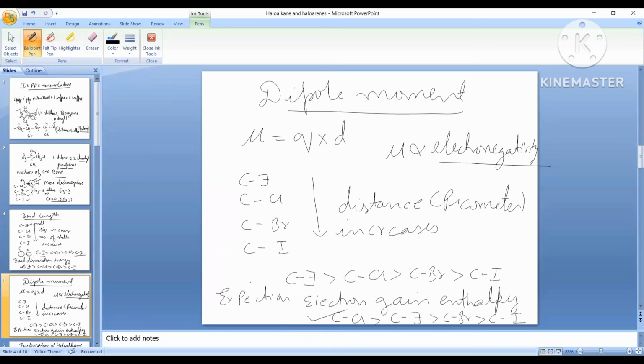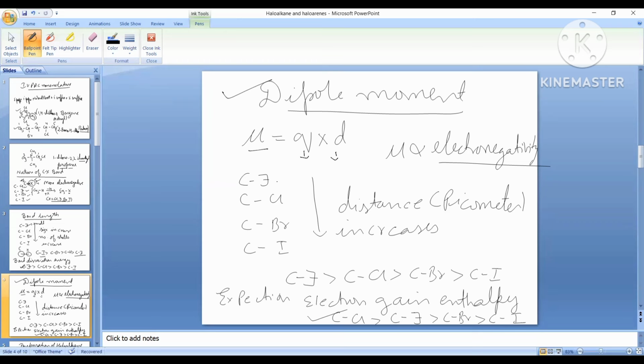Next, about dipole moment, that is the important part. Dipole moment is represented by mu, that is charge times distance. You know that going down the group, distance also increases. The charge is only the electronegativity. So dipole moment is directly proportional to electronegativity.